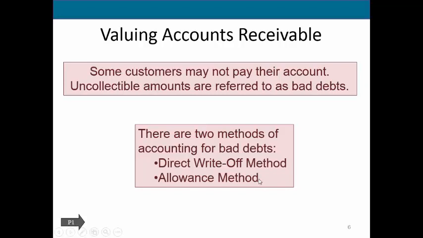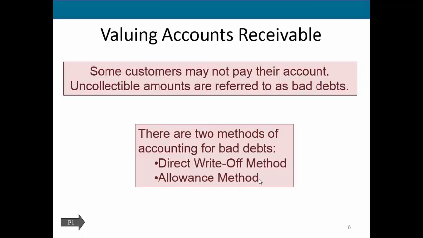On the other hand, with the allowance method, even though we do not know exactly how much will end up being bad debt, we have a pretty good estimate, and that's based off of the history for our company or our industry.